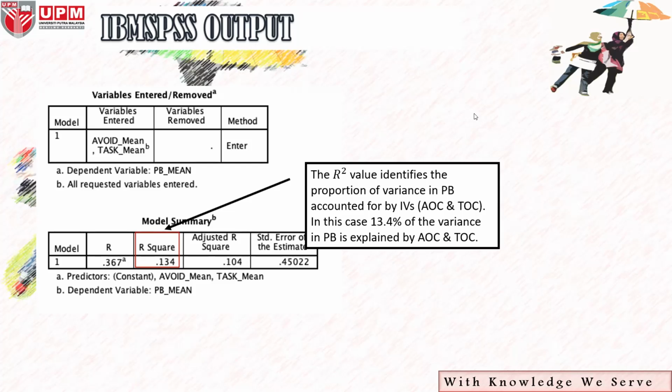In this case, we can say that 13.4% of the variance in philanthropic behavior has been explained by avoidance coping and task-oriented coping.